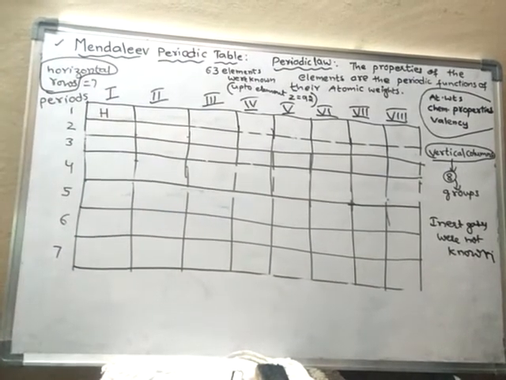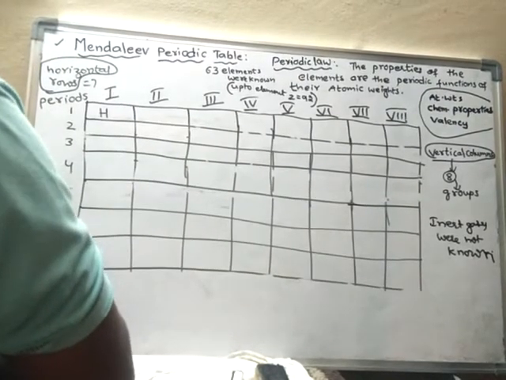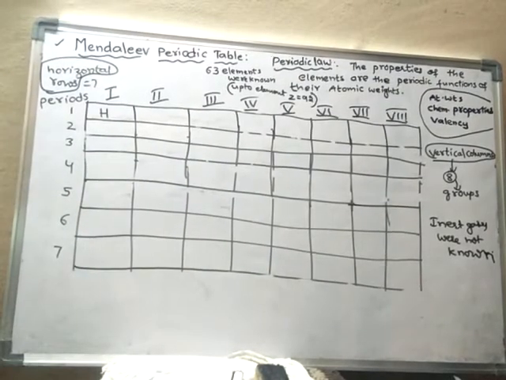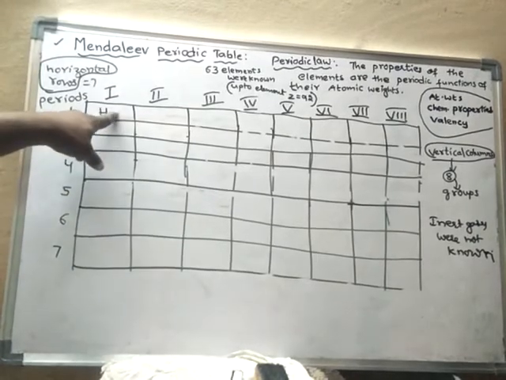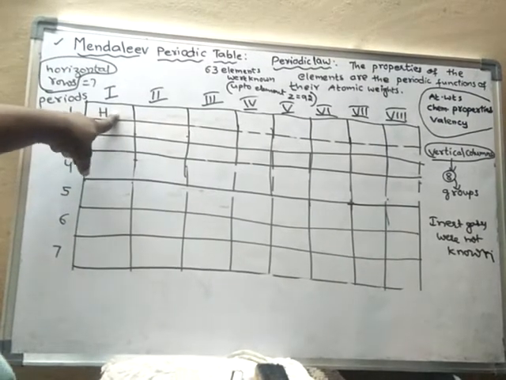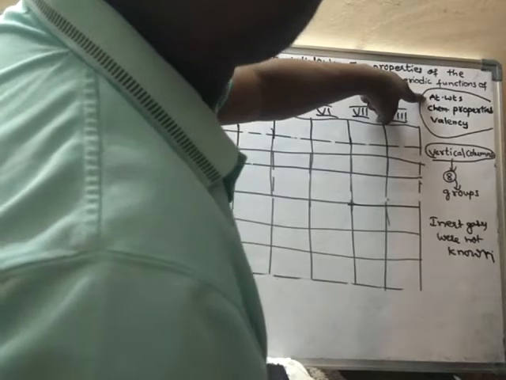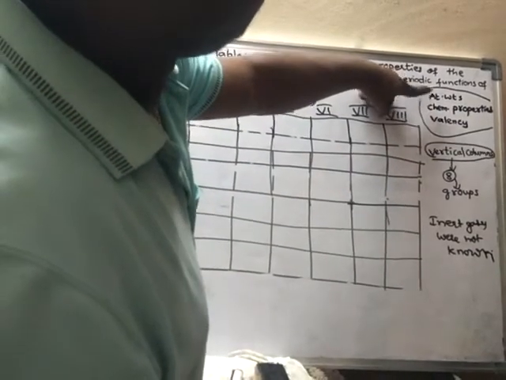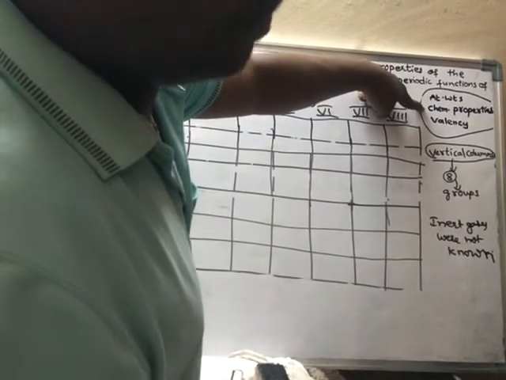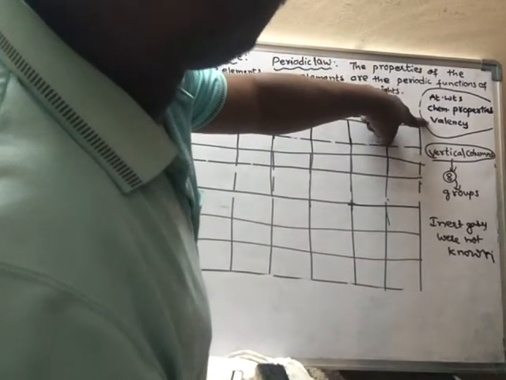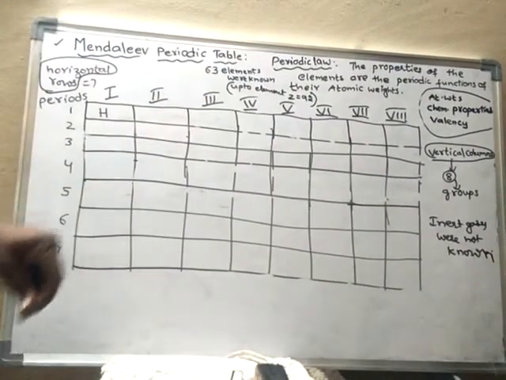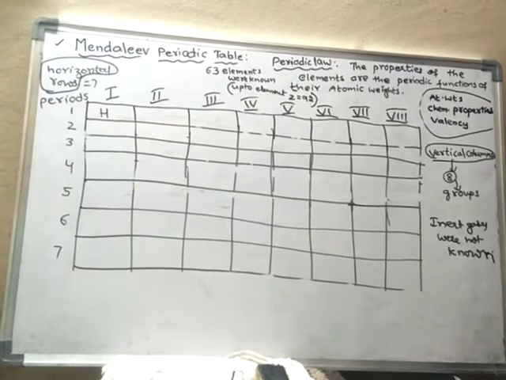While arranging the elements, he followed this order: the first priority is given to increasing order of atomic weights, the next priority is given to chemical properties, and the next priority is given to valency. By considering these 3 points, he arranged the elements in the periodic table.